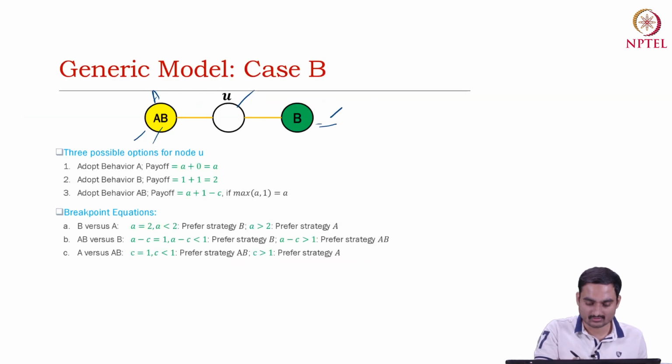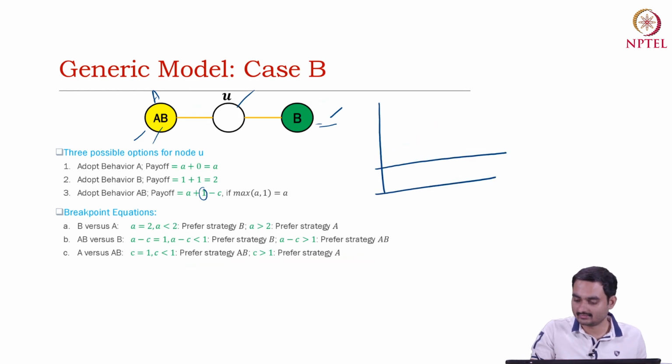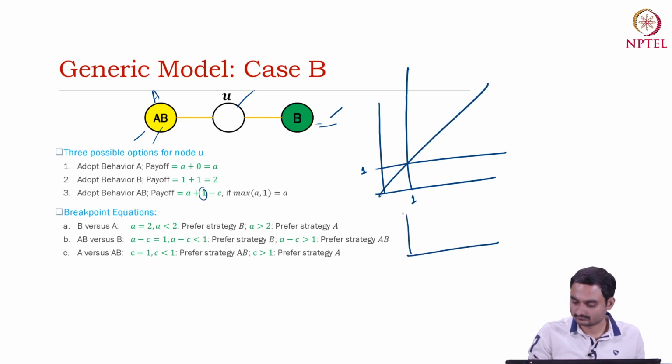Why? Because of this extra cost function. So initially we had this, 1, 1 and this. Now we will see from 2, like this.